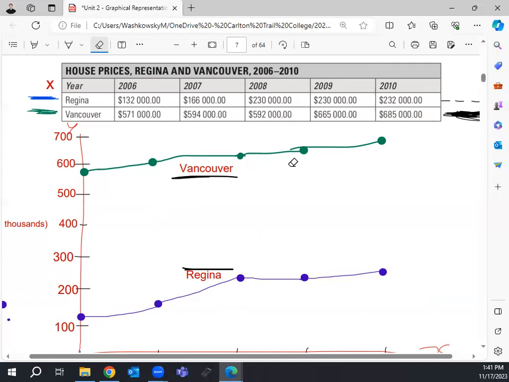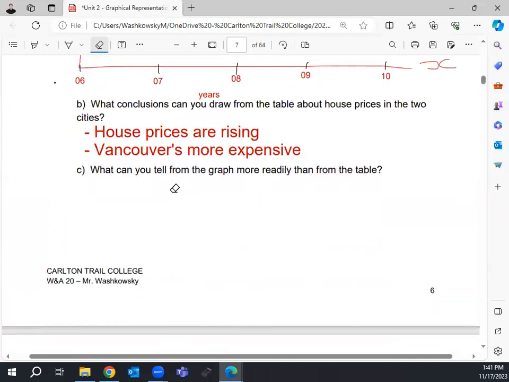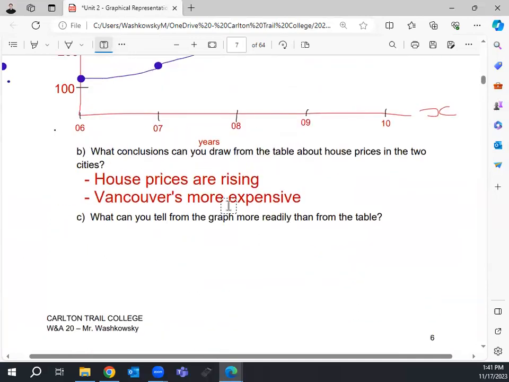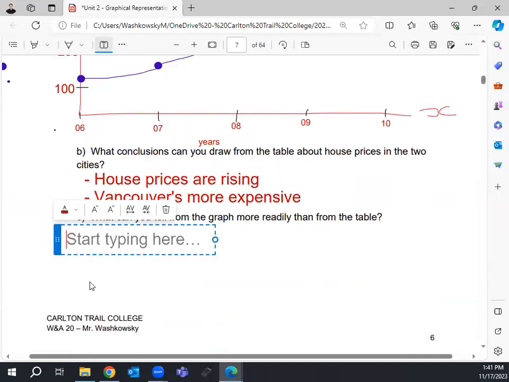It's easy to see that with the visual stuff, but it's hard to tell those really accurate, detailed differences just off the graph itself. So they both serve different purposes, right? So what can we tell more readily? What can we tell easier? That Vancouver is way more expensive, right?